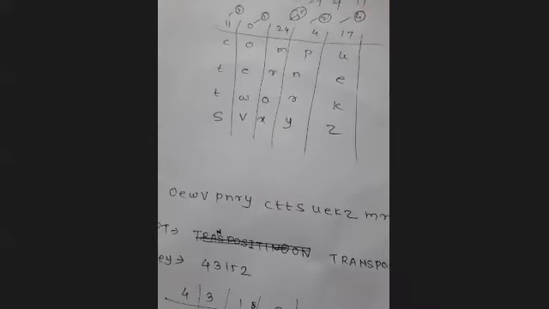Caesar cipher, mono alphabetic, polyalphabetic. Third, Playfair cipher, Hill cipher. Then Vigenere cipher. And one more, the last one, Vernam cipher.